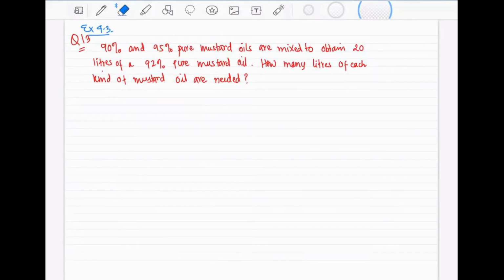The remaining, I believe you can do by yourself, provided you have sufficient practice and you're able to understand the questions that I have solved so far. I want to give you one more advice regarding this pair of linear equations in two variables.